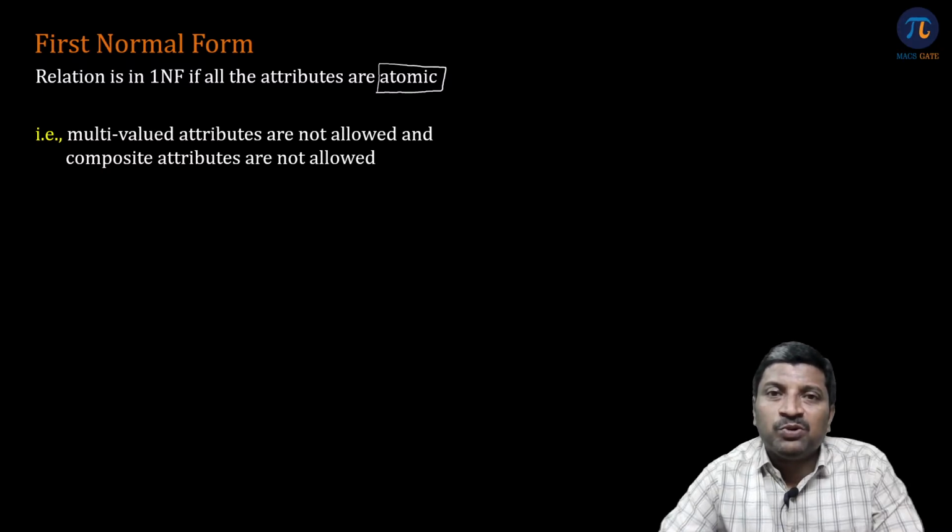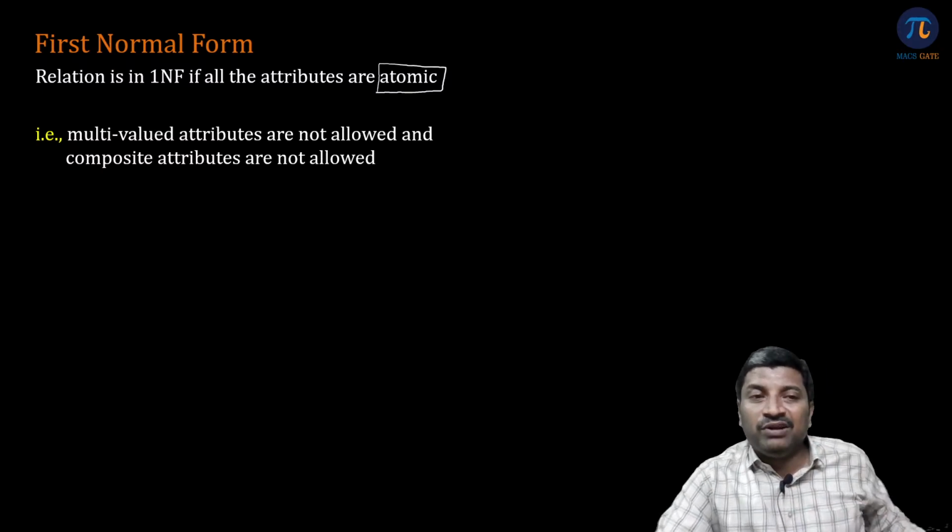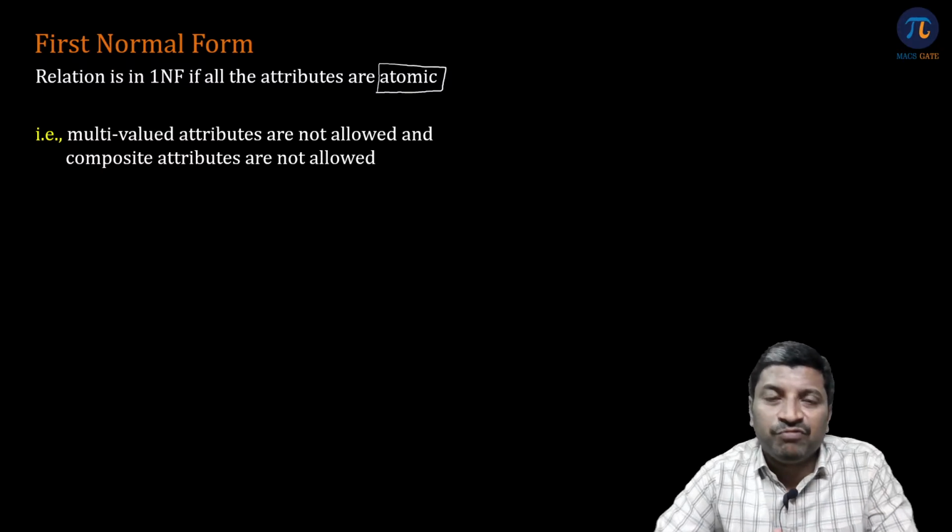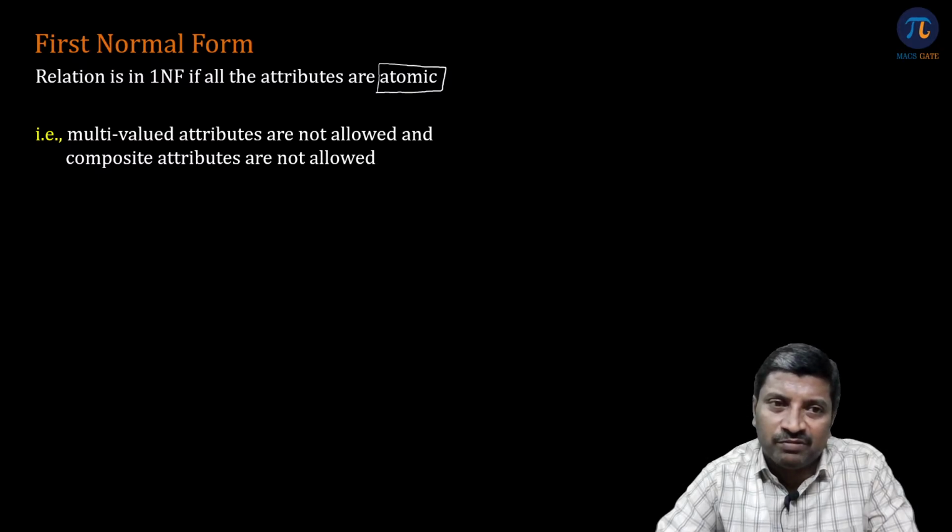Age, however, is single-valued, since every person has only one age. So phone number is a multi-valued attribute. Similarly, a candidate can have more than one mail ID, which is another example of a multi-valued attribute.